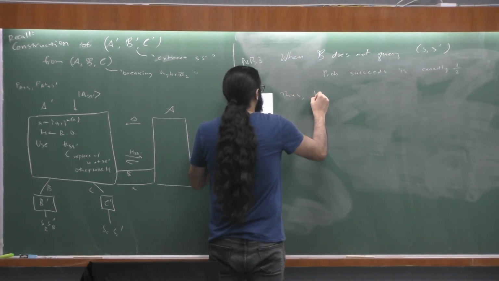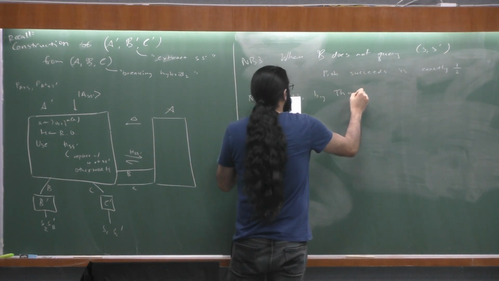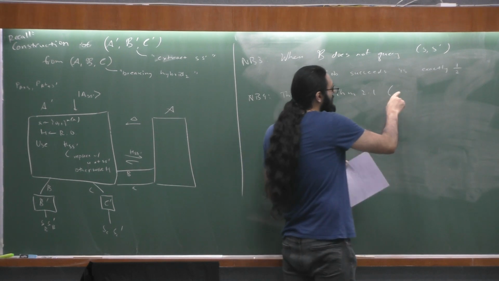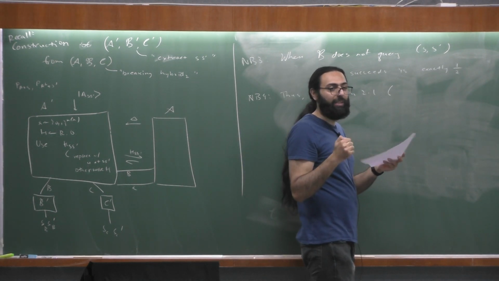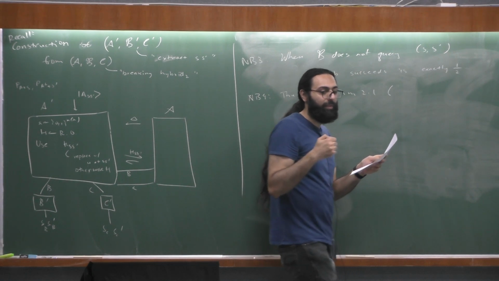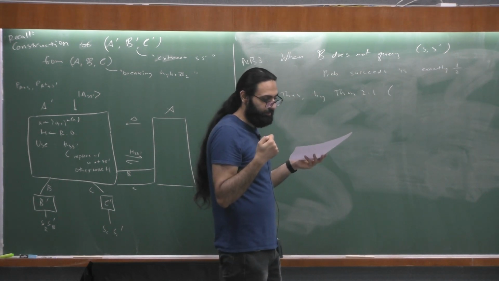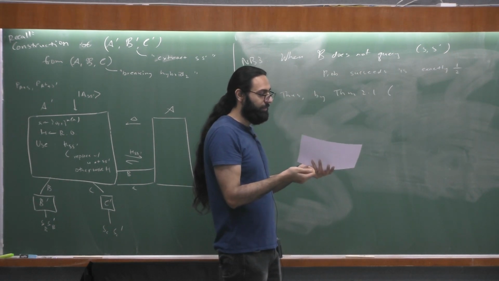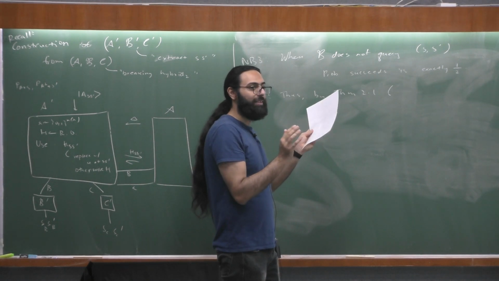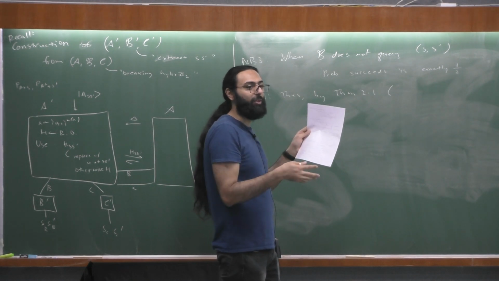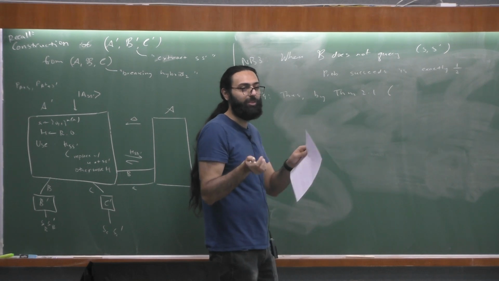And so thus by theorem 2.1, theorem 2.1 remember was the one about searching, right? It was saying that if an algorithm queries a certain set with at most some probability and you change the oracle, then the result can change with at most a certain probability.